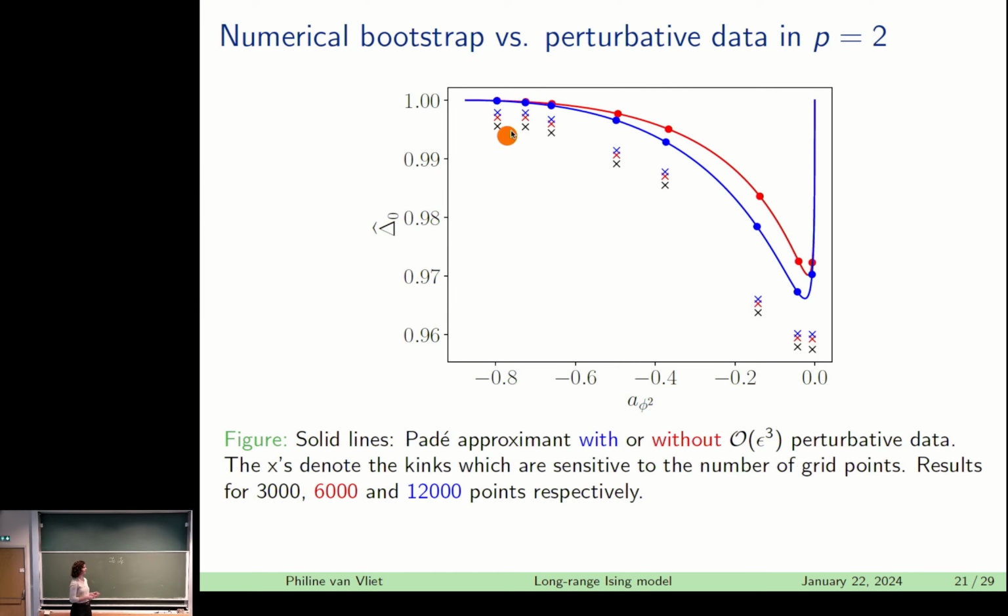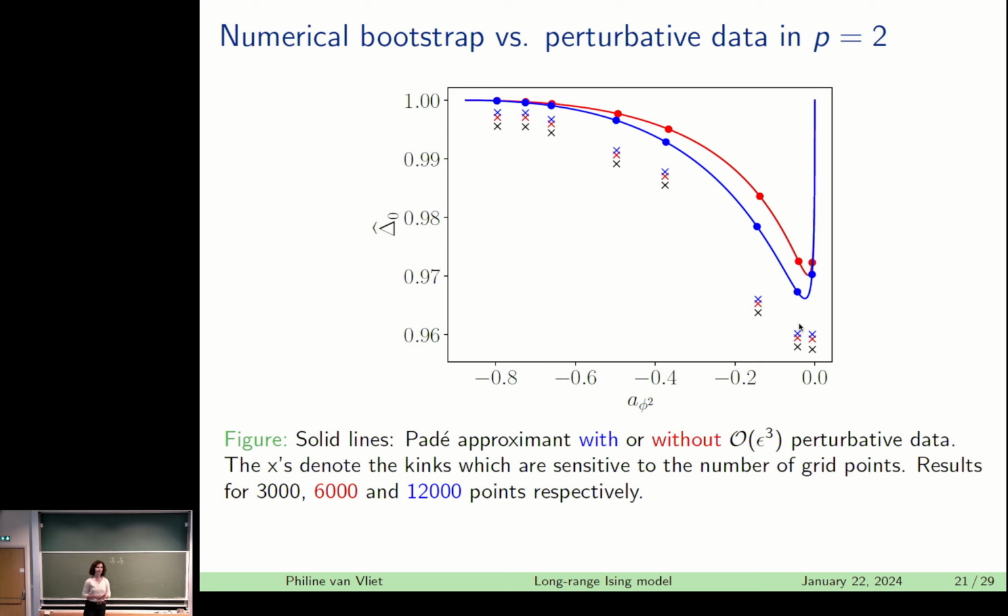Hence, in the area of the short range Ising model, it agrees quite well with these kinks that we found, and here it gets shifted a bit. So a phi squared seems to be kind of sensitive to the conformal perturbation theory order.